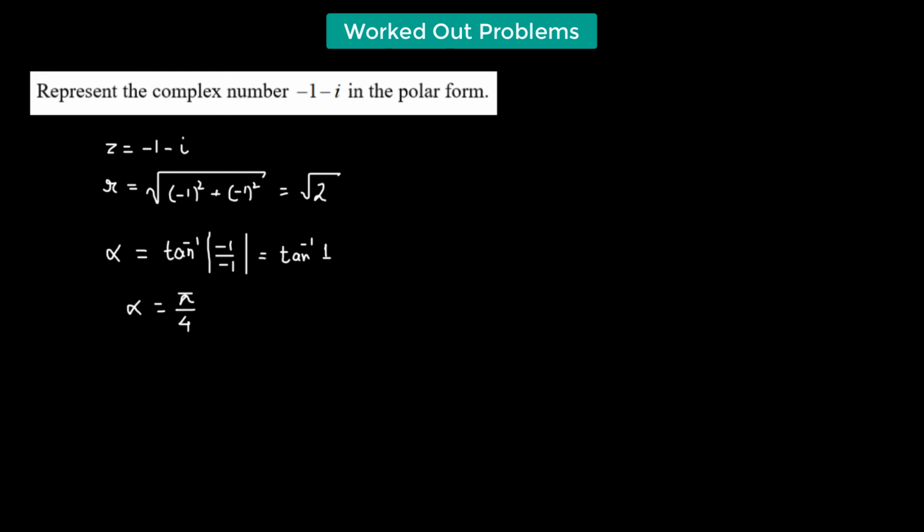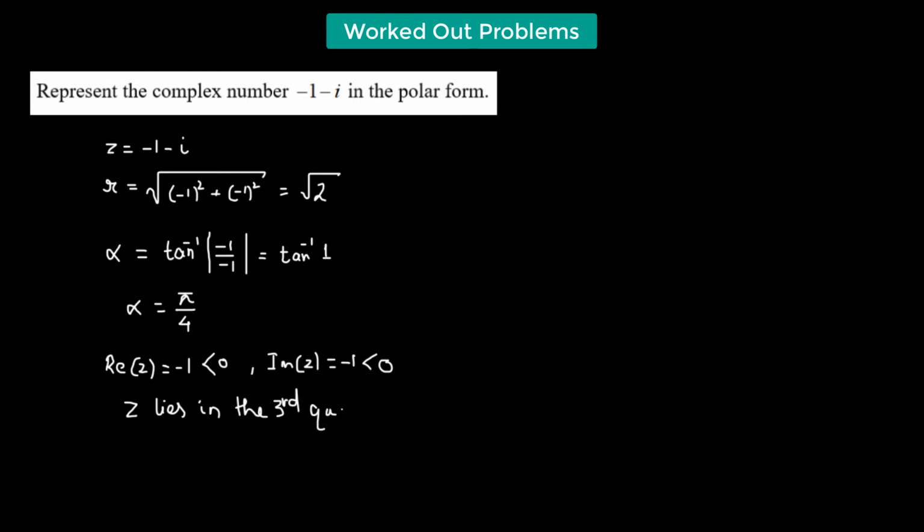Now the real part of our complex number z is -1, which is less than 0, and the imaginary part of our complex number z is also -1, which is less than 0. So that means our given complex number z lies in the third quadrant.